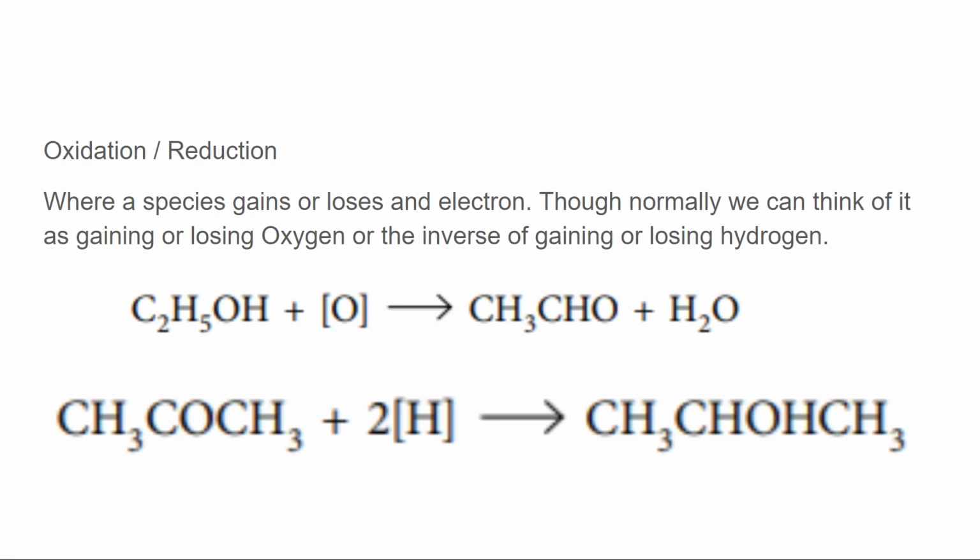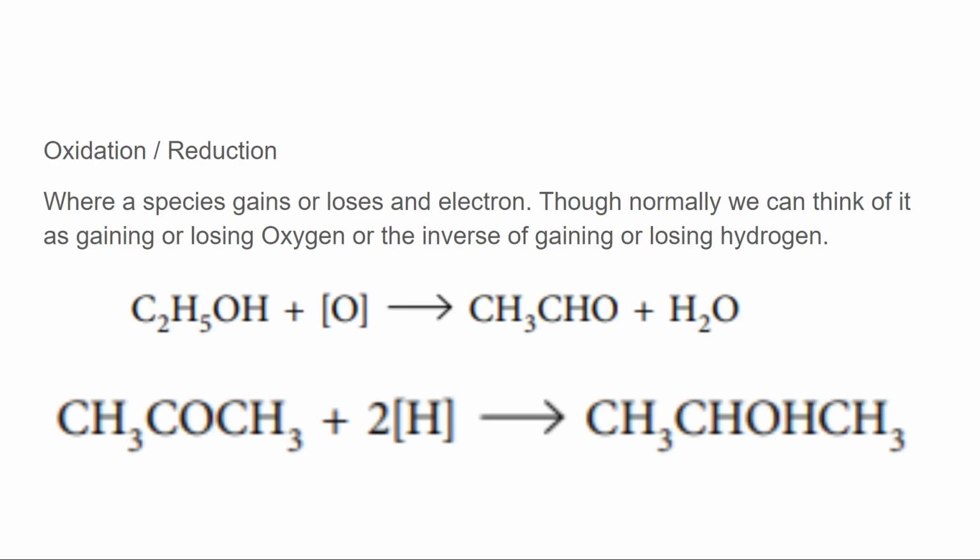The last one is our oxidation-reduction reactions. In general, when we think about oxidation reactions, we think about any reaction that usually adds an oxygen to it. Usually we'll also say that we add an oxygen, or we remove a hydrogen from the molecule, and that's typically what we think of when we have an oxidation reaction.